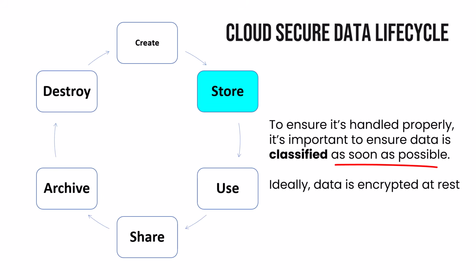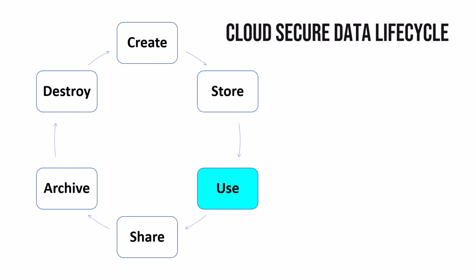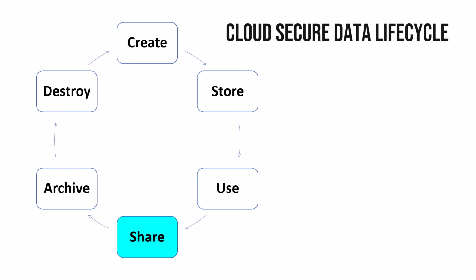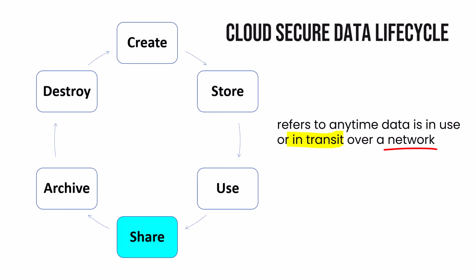Ideally, data is encrypted at rest. Data should be protected by adequate security controls based on its classification, controlling its use. And when data is shared or in transit, it should be secured anytime it's in transit over the network, preferably encrypted.